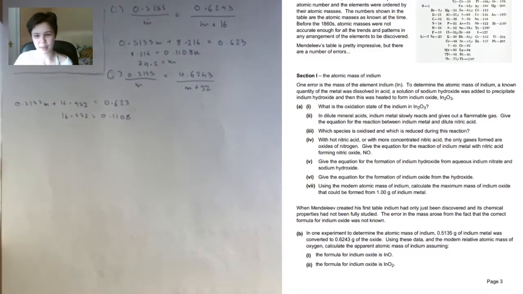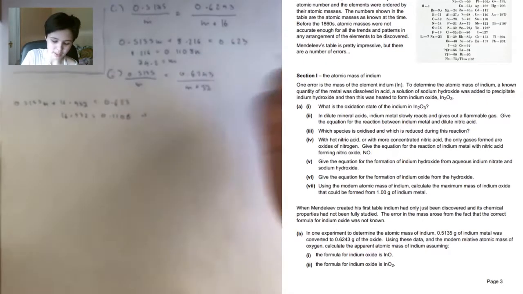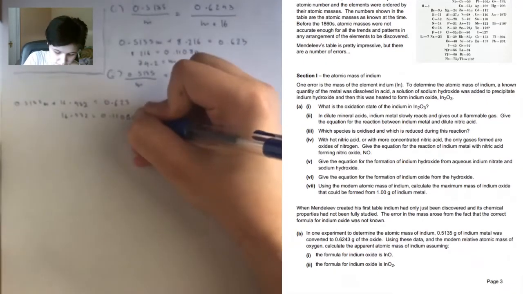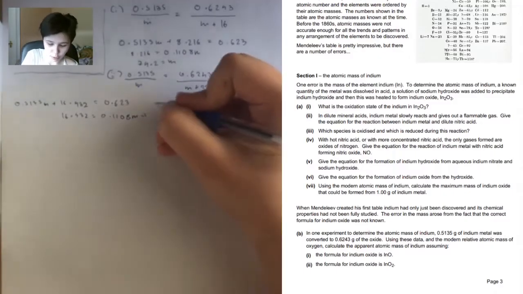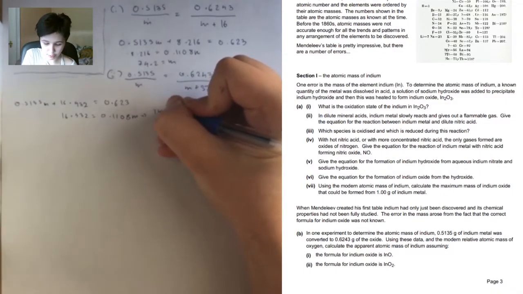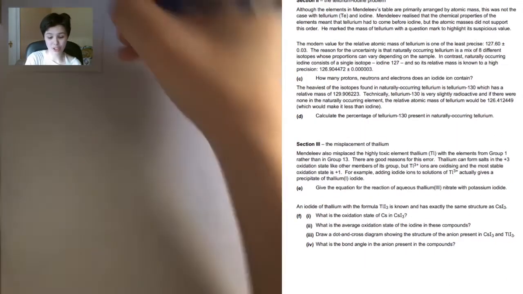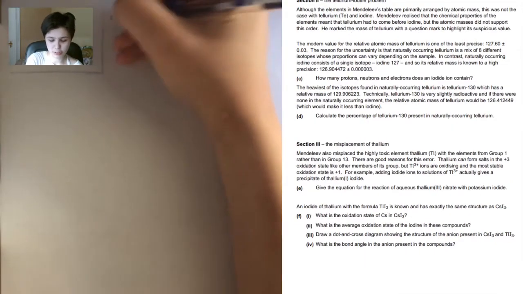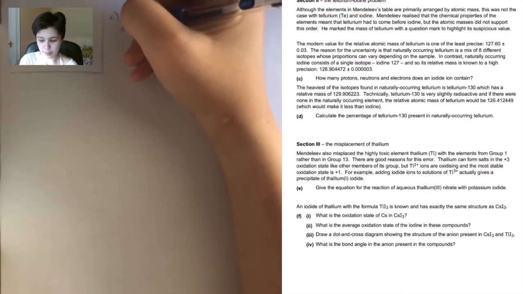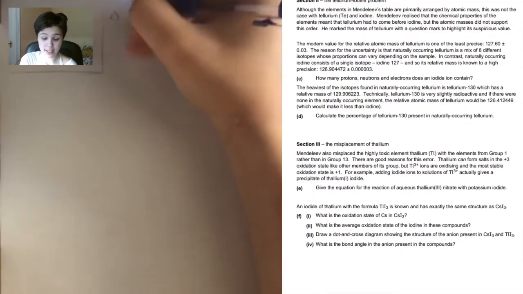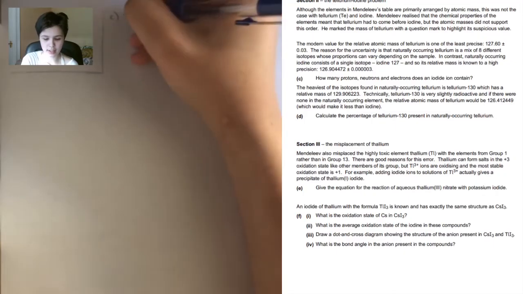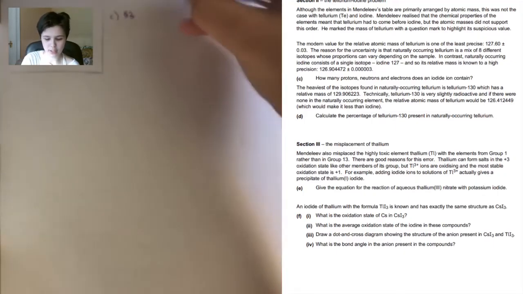The quick maths people among you might have spotted that it's twice the mass already, but then dividing by 0.1108, I get 148.3 equals m.